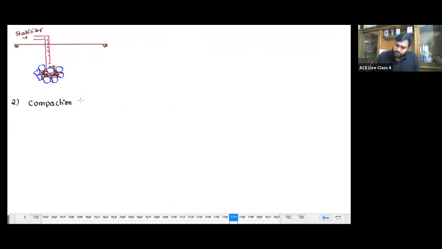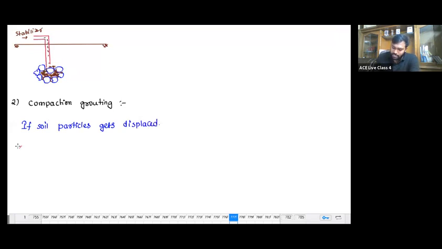And the second one, compaction grouting. What is meant by compaction grouting is if the soil particles get displaced, then such type of grouting is known as compaction grouting.